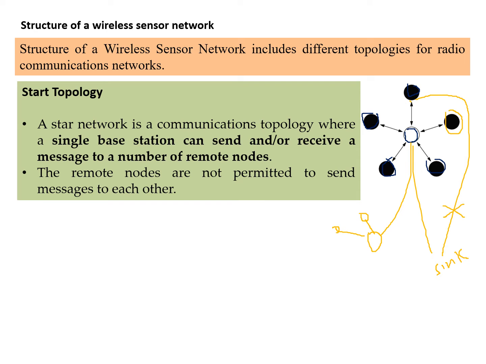Rather, they have to send it to the base station, and the base station is responsible for sending to the sink. And another thing is that the remote nodes will not communicate with each other directly. They will communicate with each other via the base station. So this is a simple star topology.